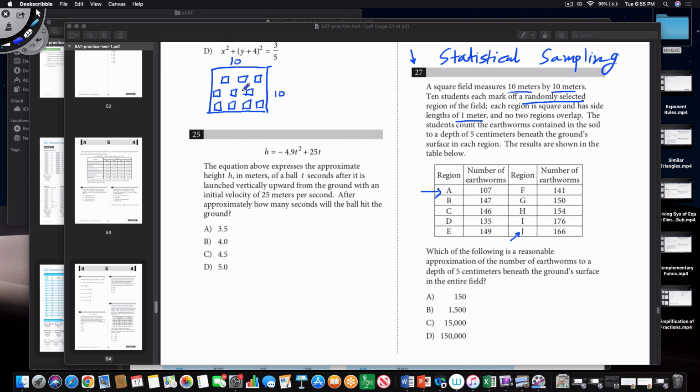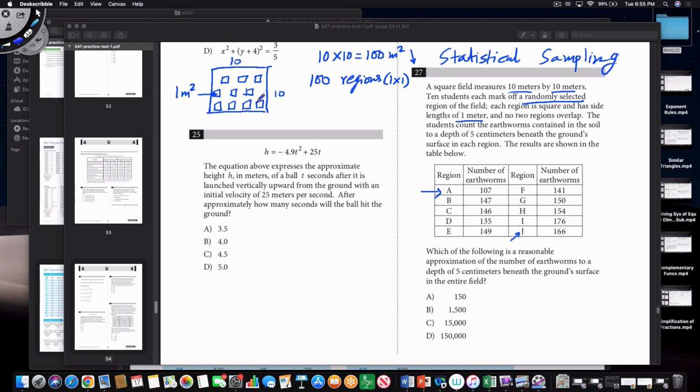So how many of these 1 by 1 squares can we have in a 10 by 10 region? The total area of this field is 10 times 10, which is 100 square meters. And the area of any one of these sampled regions is 1 square meter. So we have 100 regions which are 1 by 1 in this total field of 10 by 10.